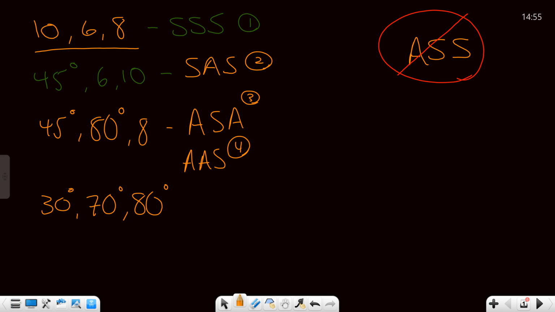Same procedure, draw your triangle with the 3 measurements, and then compare your triangle to everyone else's.